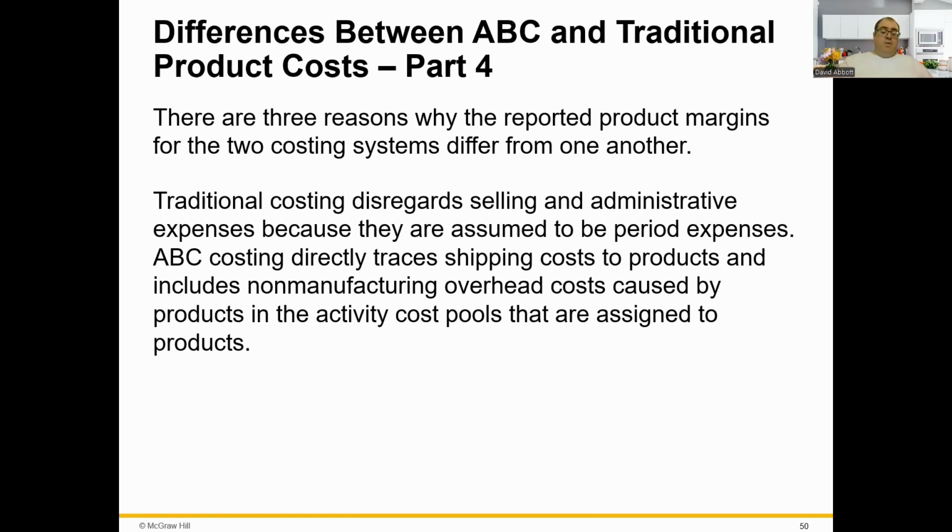Now, a simple example can be used to illustrate the impact of ABC systems on product costs when batch level costs are involved. Suppose two products are each run in one batch a year, and the cost of setting up a batch is $100 for each product.